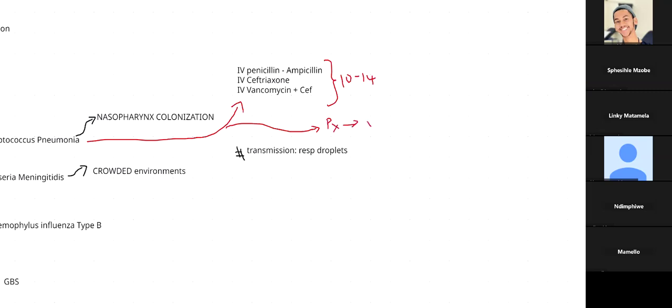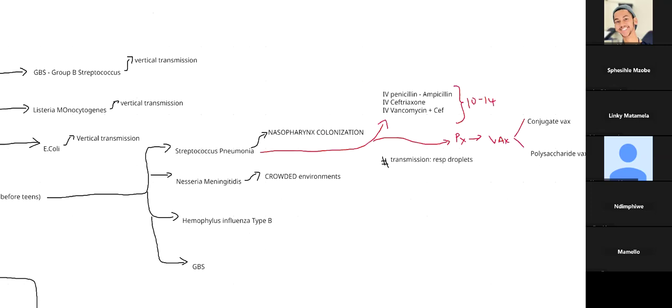It's very important to understand there are two types of vaccinations available: the conjugate vaccine, as well as the polysaccharide vaccine.